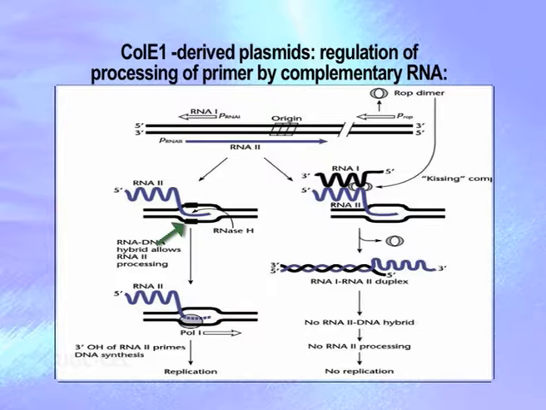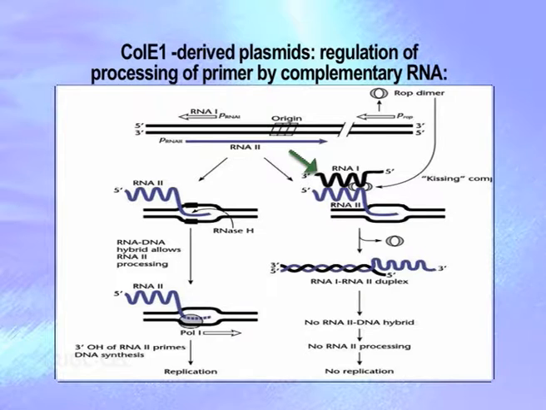Once this RNA2 binds to the DNA and forms an RNA-DNA hybrid, this RNA-DNA hybrid is acted upon by RNase H. What RNase H does is that it disrupts the secondary structure of the RNA2, and it makes the 3' hydroxyl end available so that the DNA polymerase can come and carry on the polymerization process and carry on the replication process.